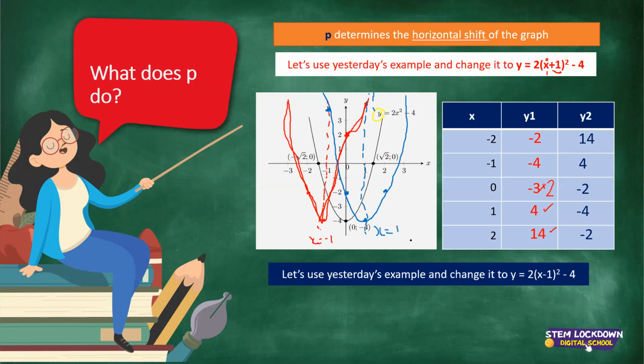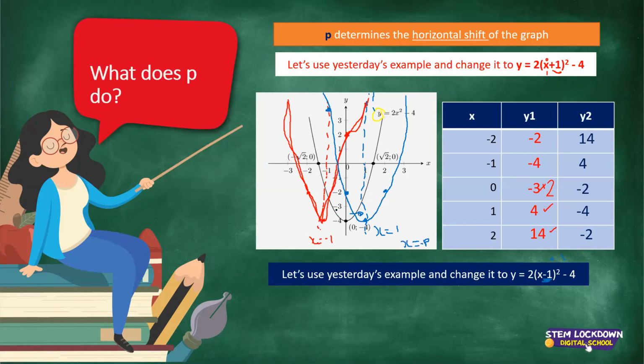Okay, you can see our turning point, guys, has changed. Our turning point has moved out 1. So we minused 1 here, and our graph then shifted 1 to the right. So I'm going to say to you, your shift is a minus of the turning point. You'll explore that. It will make sense as we go along.